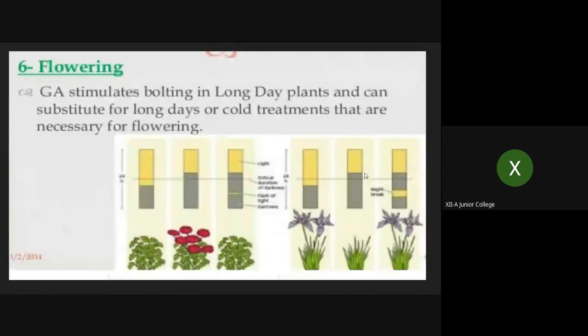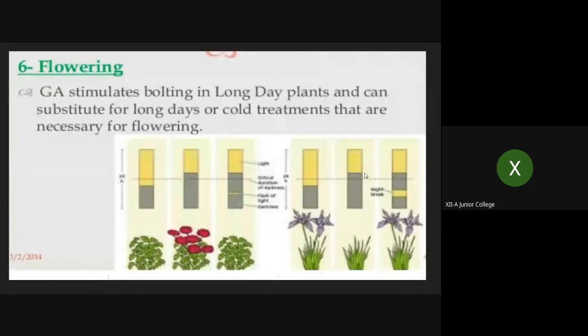But if these plants are treated with gibberellic acids or gibberellins, then that cold treatment period, until and unless they go through the cold temperature they will not flower, can be reduced by the application of gibberellins.